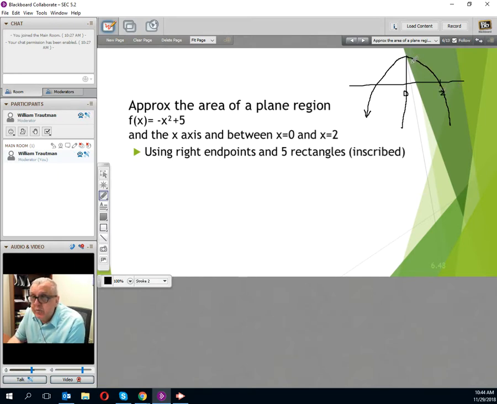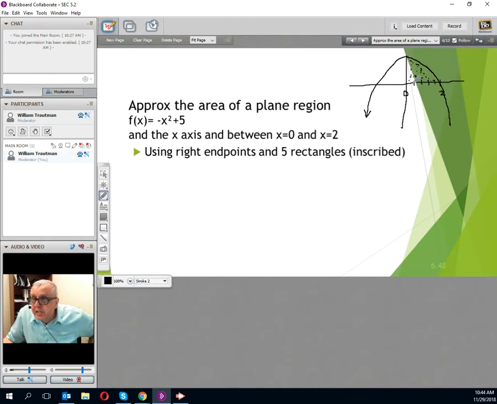So we actually want to find the area of this region. I'm putting dots in between 0 and 2. It says use 5 rectangles and use the right endpoints. So I need to separate this into 5 sections: 1, 2, 3, 4, 5.